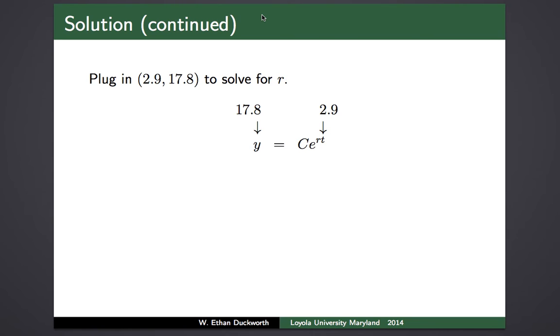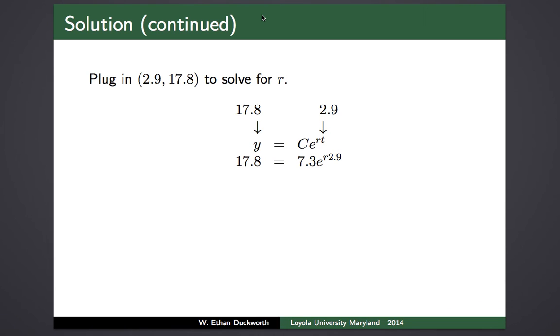Well, actually we also found c on the last page, so I'll plug that in too. So there we have it: 17.8 equals 7.3 e to the r times 2.9. Okay, I want to solve that for r. So that means getting r by itself on one side and all the other numbers on the other.